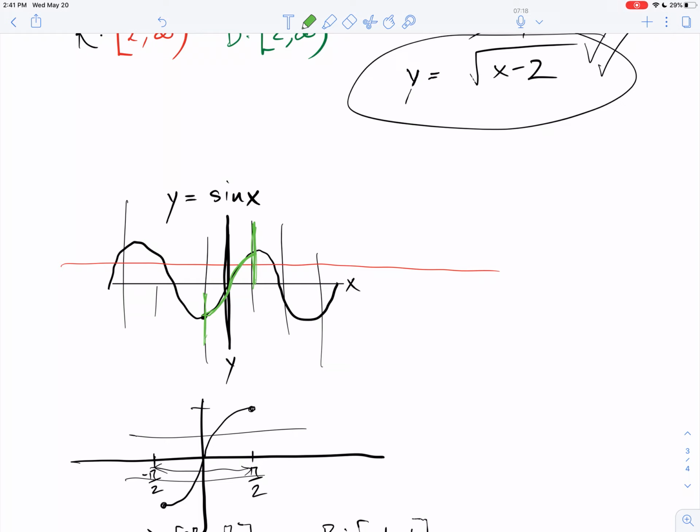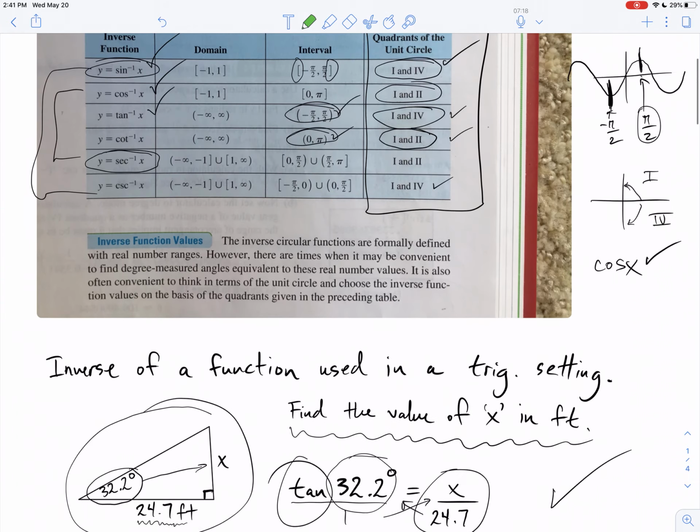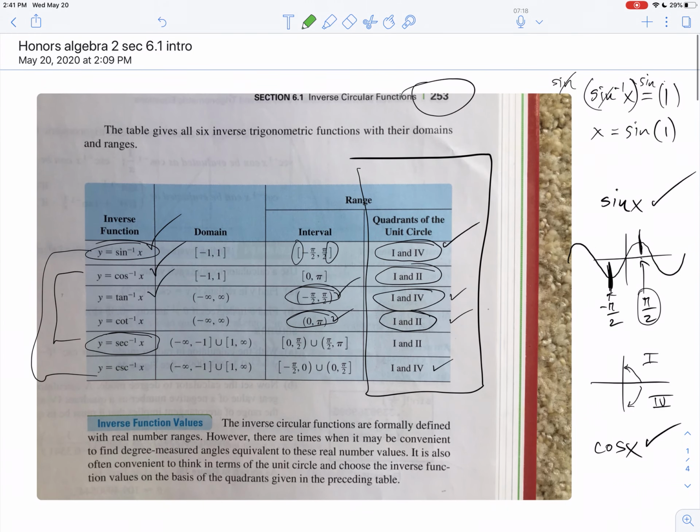Where do we break a sine graph? Right here and here. If I were to graph it, that's quadrant 1, that's quadrant 4. That's that concept. So, this chart, this is the meat of it. This is what you really need to help you answer the next couple sets of questions.